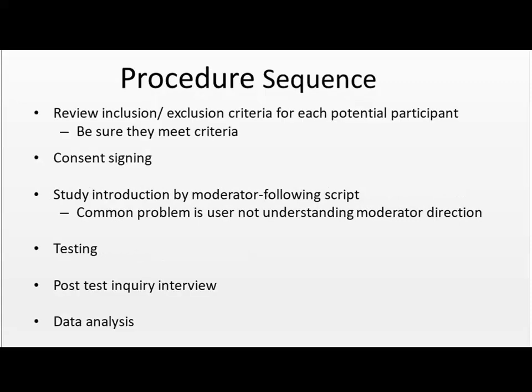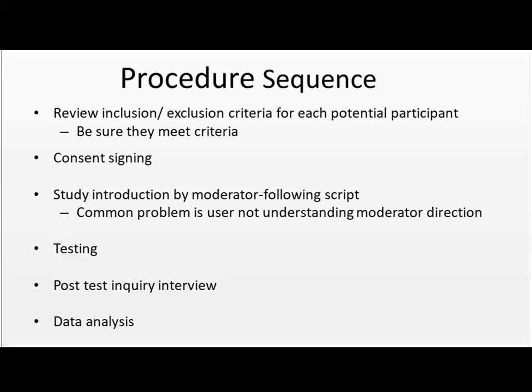Now, an overview of the sequence of the procedure, and then we'll go into detail about it. First, we review the inclusion-exclusion criteria for the participants and be sure they meet the criteria. The signing of the informed consent form.